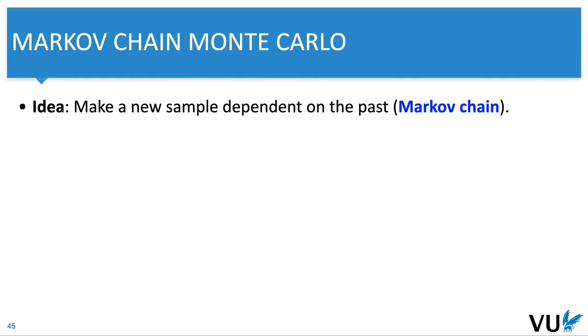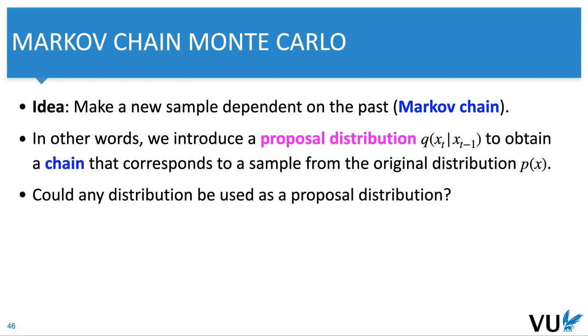So we will do it in the following way. We'll have one simple chain, and this chain means that we will make a new sample dependent on the past. In other words, we need to have some kind of proposal distribution. So it samples a new point based on the previous point.